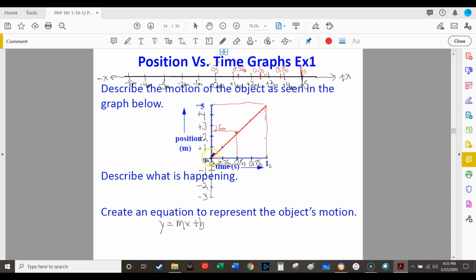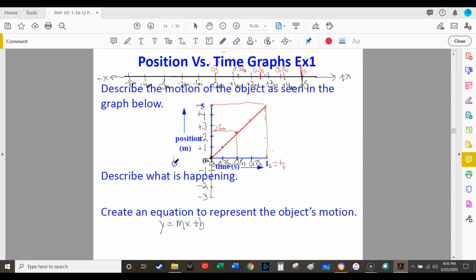So you have an object starting out at a position of 0. So its initial position is 0. Its final position is at 1 second. Oh boy, I'm saying position and time. Sorry about that. So it's at the final time.